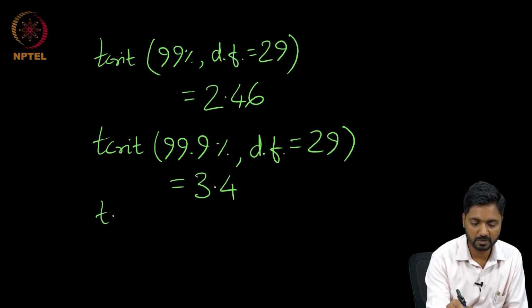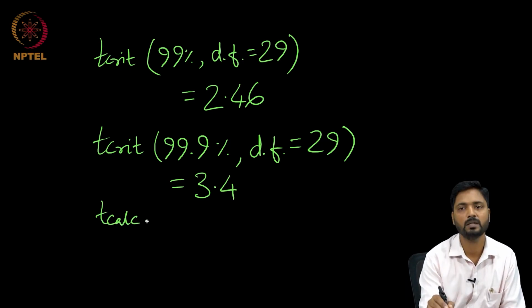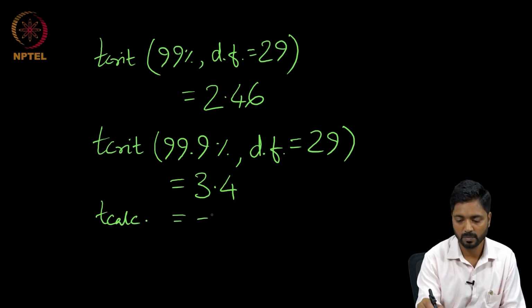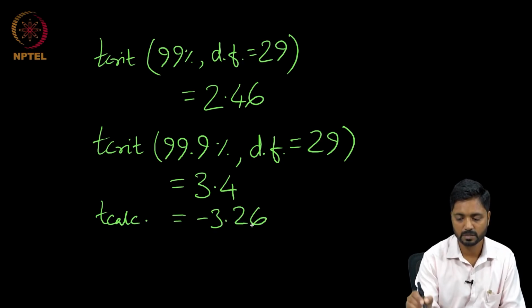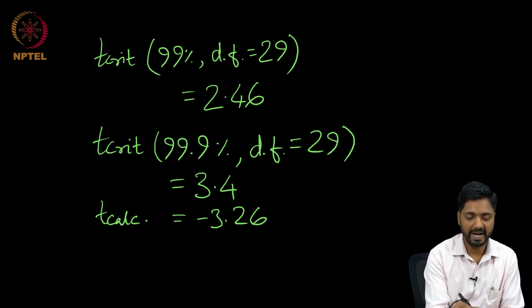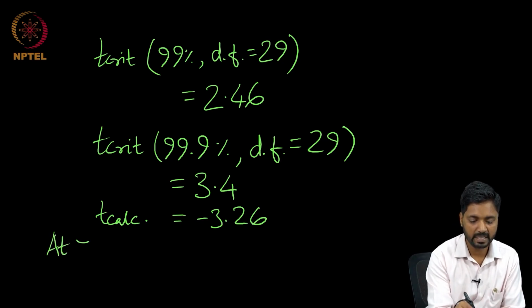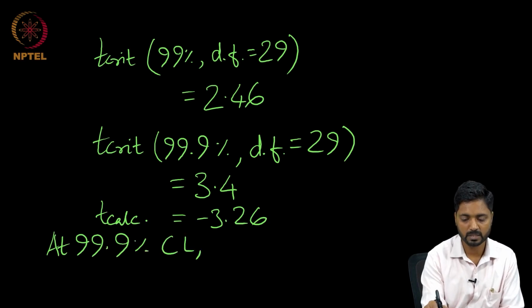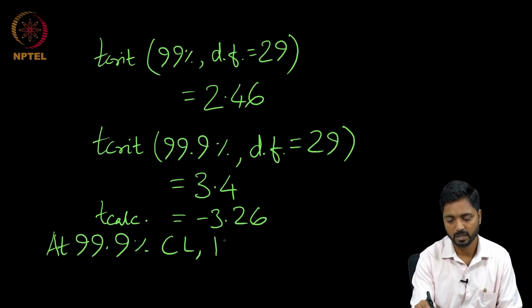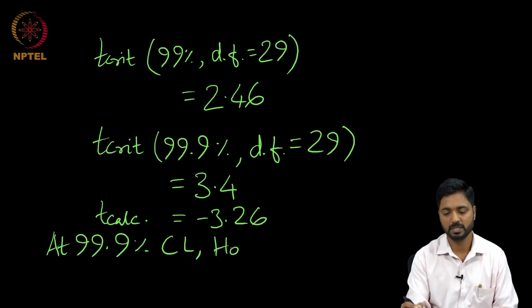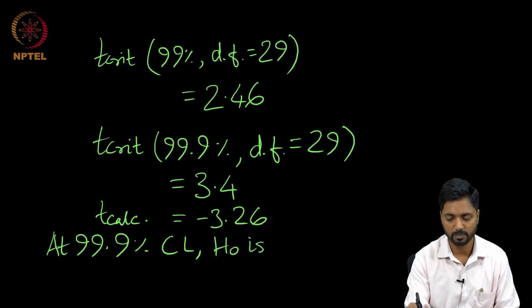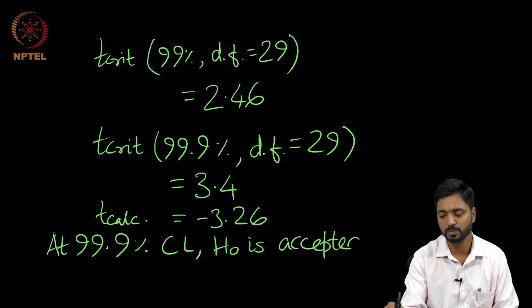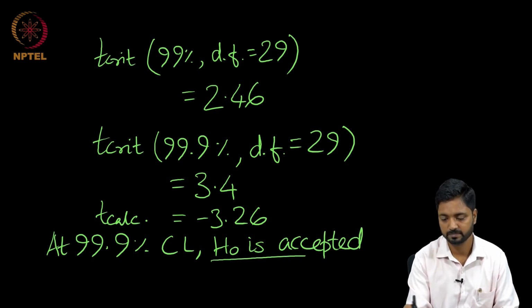While our t calculated, to recollect, was minus 3.26. So, at 99.9% confidence level, we cannot reject the null hypothesis, or in other words, the null hypothesis is to be accepted.